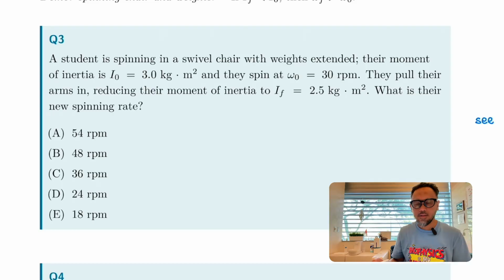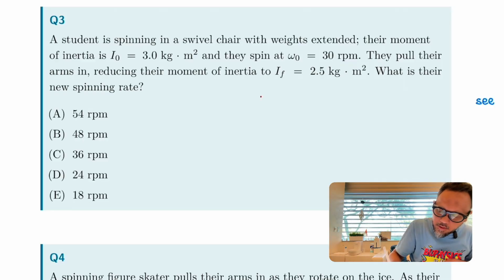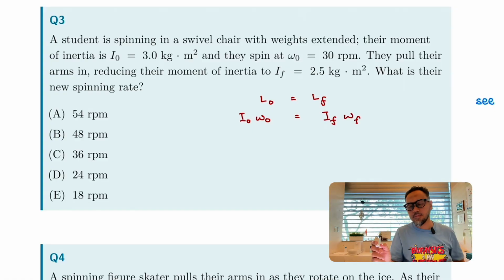Okay, if you want to do it, you can pause the video, but I'm just going to do it somewhat fast here. Basically, the angular momentum before is equal to the angular momentum after, right? So I naught times omega naught is equal to I final times omega final.